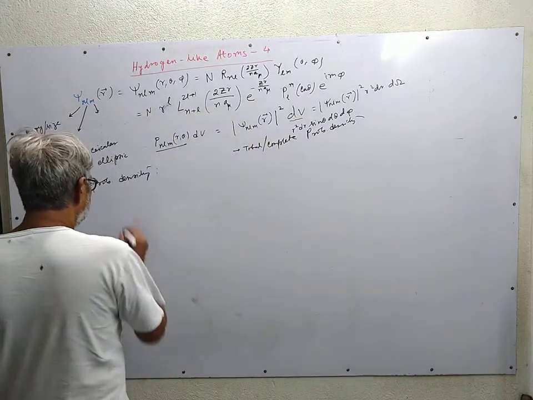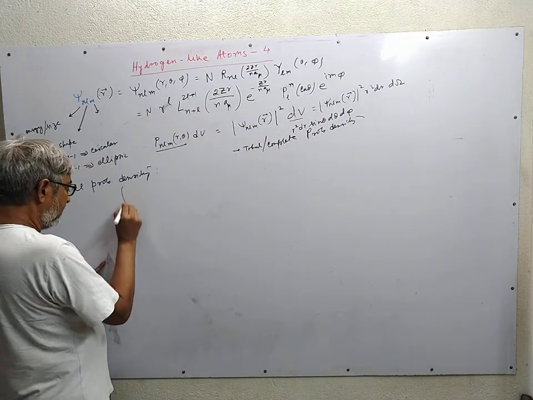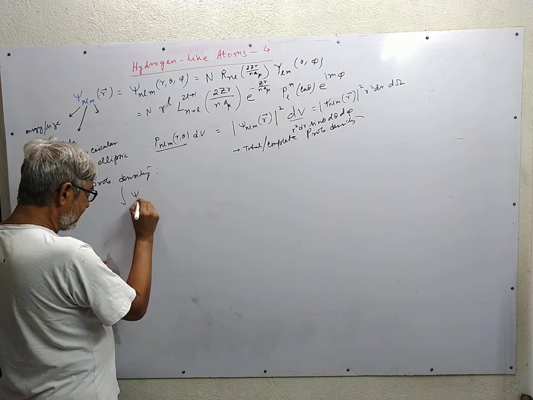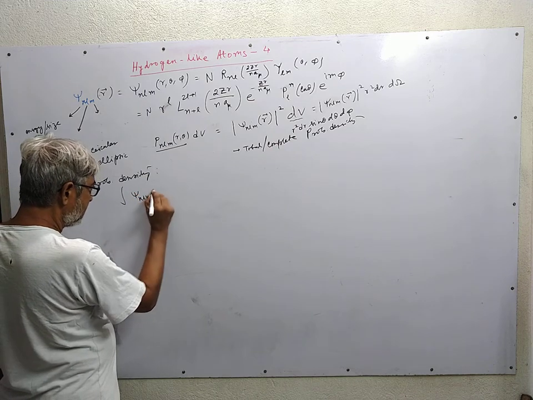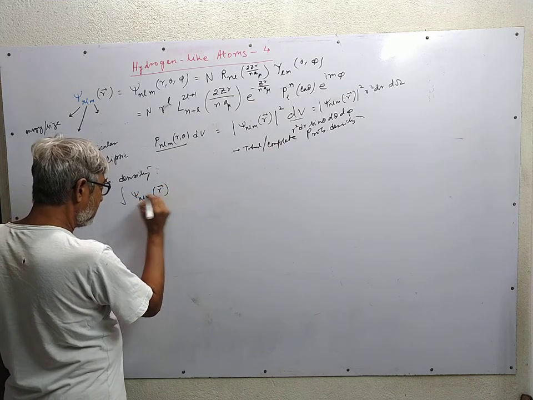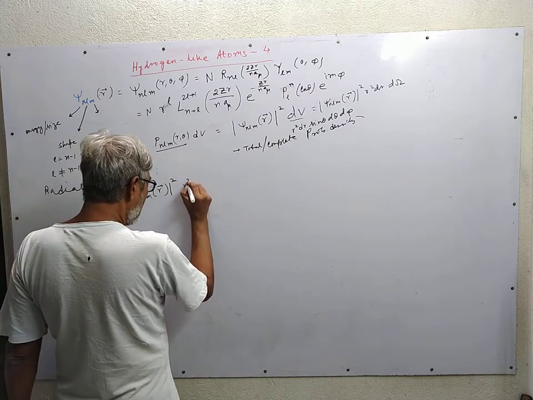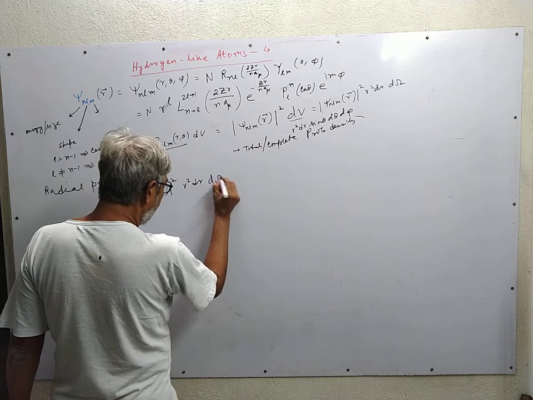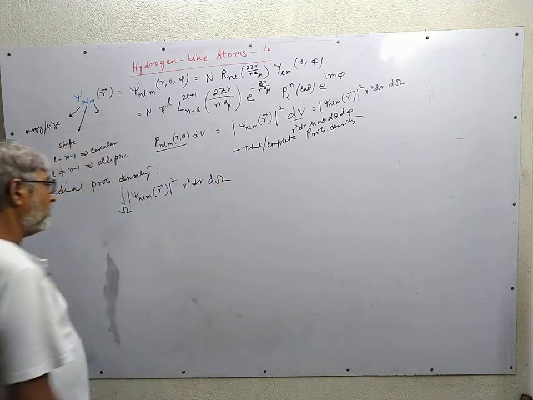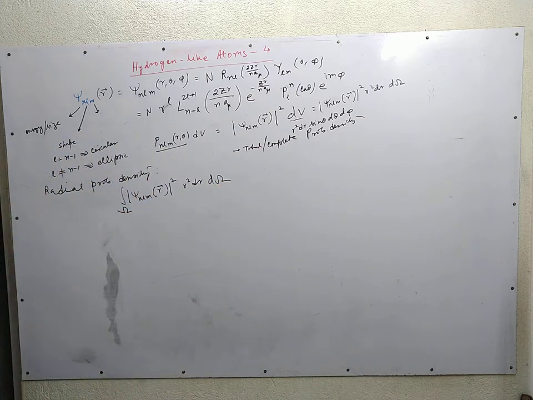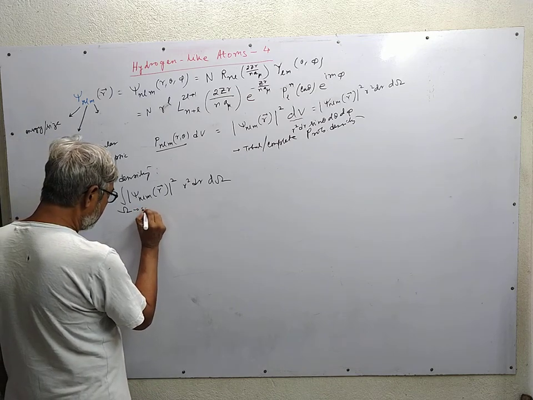So what we do, we take r square dr d omega, and we integrate it over the angle, the solid angle.